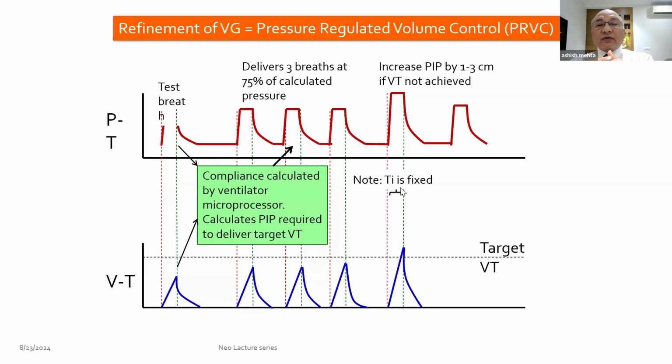That is the beauty of PRVC, because as we know, with volume guarantee you can't increase the pressure. Here, it can increase the pressure beyond the P max that you adjusted. That's the beauty of it.